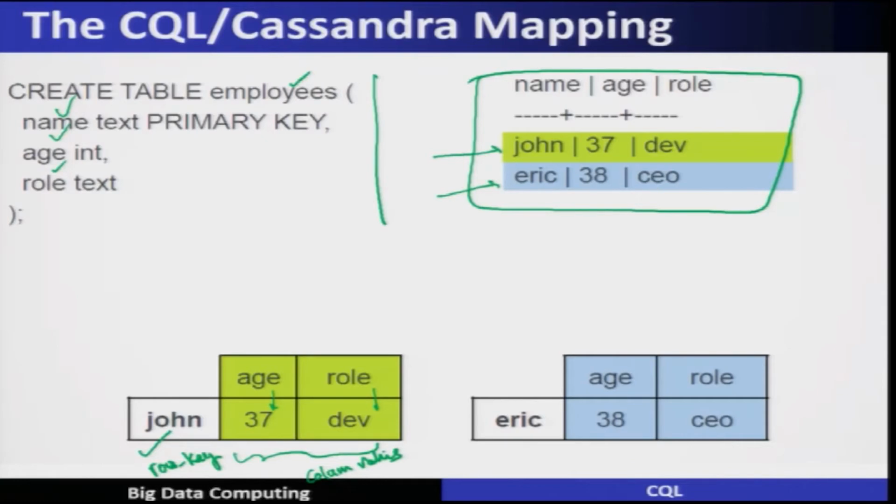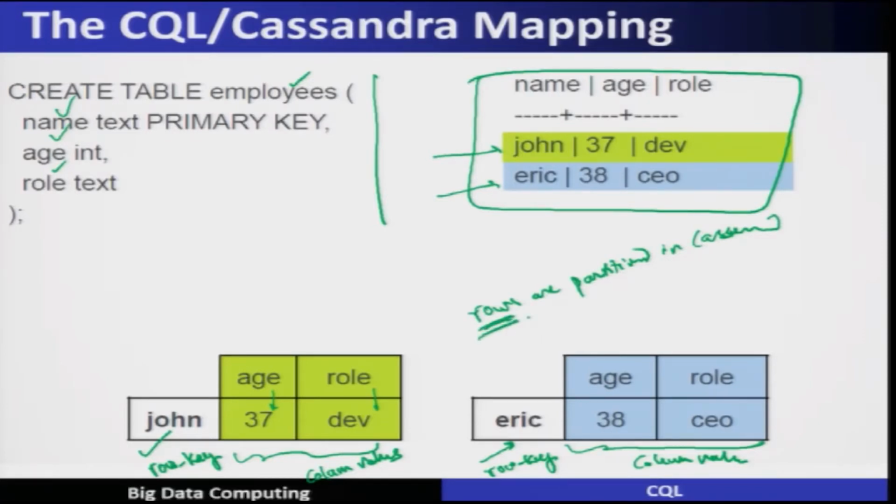Similarly, for Eric, Eric will be used as the row key, and these are all column values. Now, these rows are partitioned in Cassandra. These rows are replicated and stored in the cluster with their row keys, and they are accessed very fast.